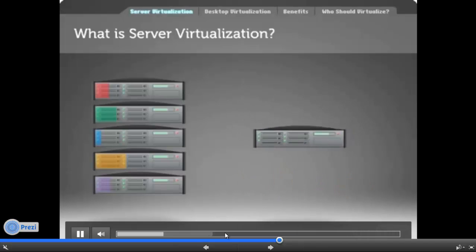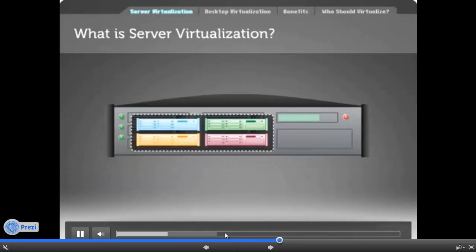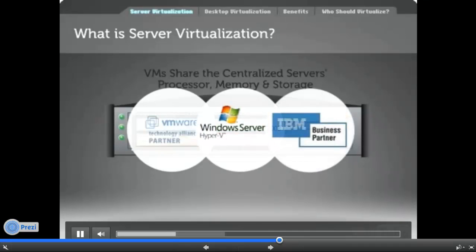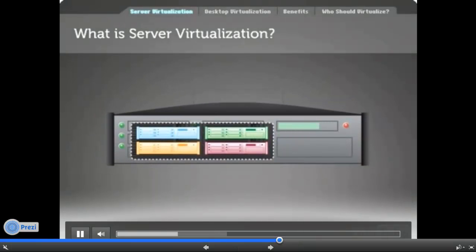IO eliminates this waste by helping companies virtualize or consolidate those physical servers onto fewer, more powerful, energy-efficient servers. With solutions from VMware, Microsoft, and IBM, a single physical server can become multiple virtual machines, or VMs. The VMs reside on the energy-efficient server, which then imitates, or pretends to be, multiple servers on the network.